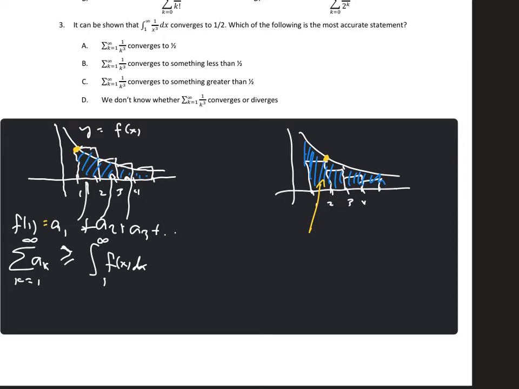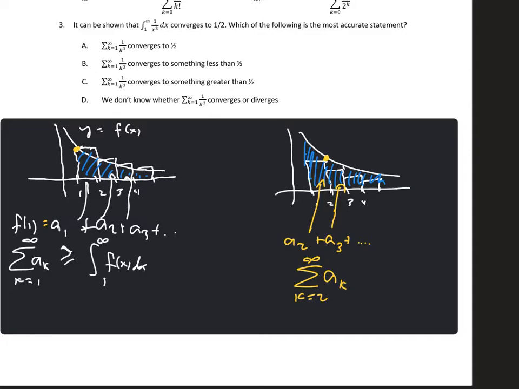So the first rectangle here has area A2, the second one has area A3, and so on. So on the right-hand side, the sum of the areas of the rectangles is just A2 plus A3 plus so on. And so we'd write that as the sum of the series starting with k equals 2.